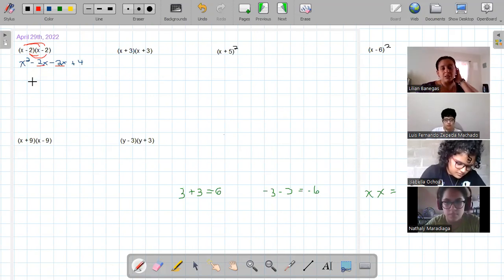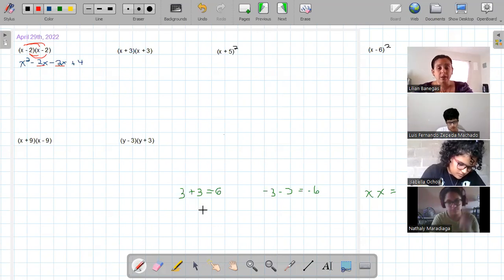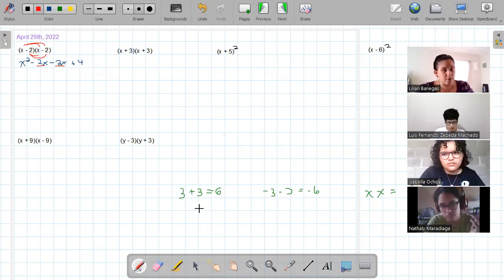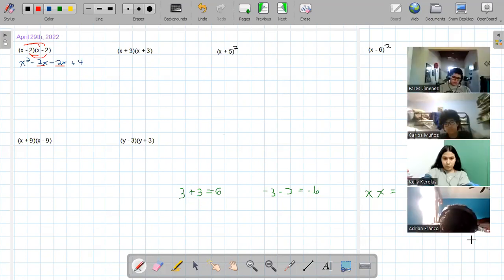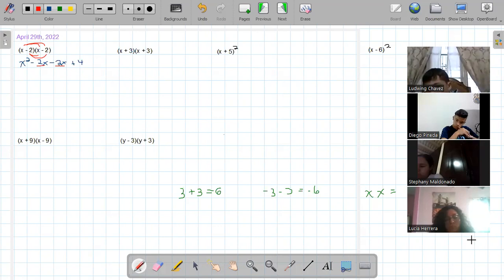So let's make a little pause and let's go down here. What is another way of writing 3 plus 3 that continues to involve this 3? What is another way of writing 3 plus 3 that gives you the same answer? 3 times 2, very good.